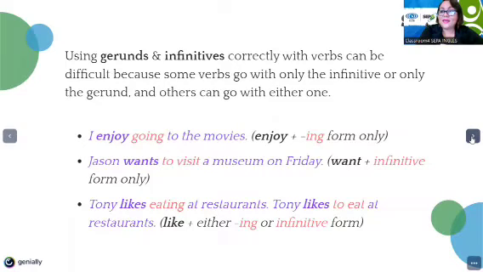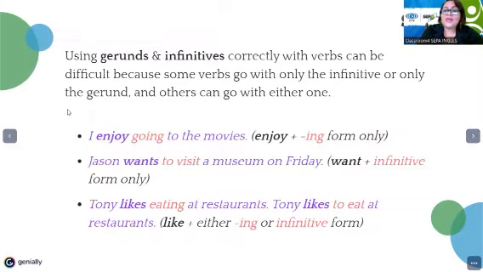In this part, we have to pay attention to the verbs we are using in order to differentiate how we are going to use one verb with ing and how we are going to use another verb with to. First example: I enjoy going to the movies. Enjoy plus ing form only.